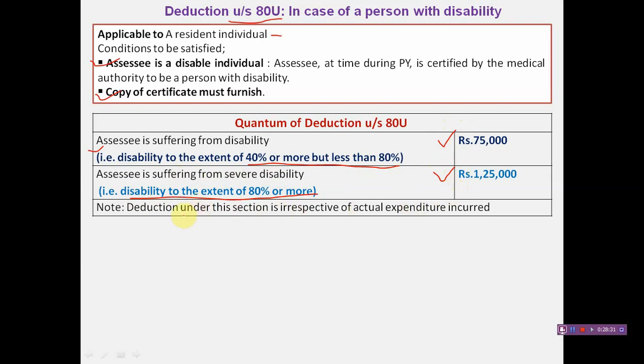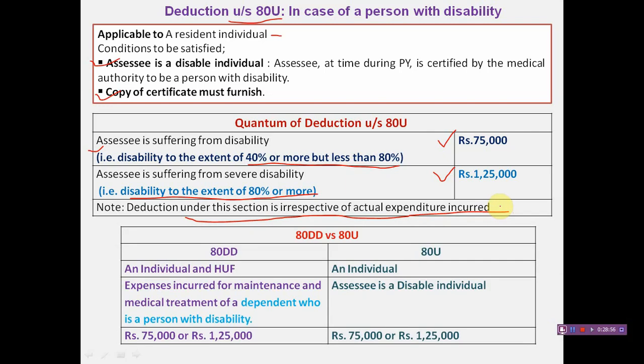1,25,000. This deduction is allowable irrespective of the actual expenditure incurred. The amount of expenditure incurred is not a matter here. If an assessee is a disabled person, he can get a deduction of rupees 75,000 and rupees 1,25,000 in case of severe disability. In my second video, we discussed deduction under section 80DD.